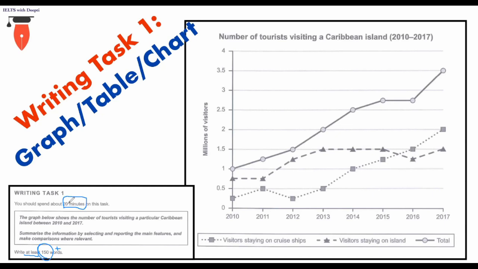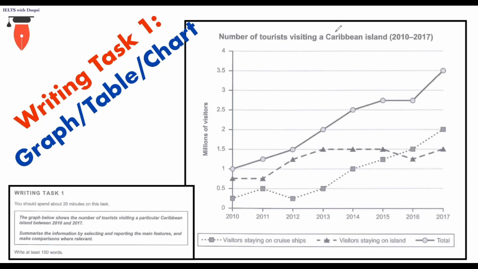So 1 hour you get for the writing section, 20 minutes you spend on task 1, and the remaining 40 you should spend on task 2. Now you need to understand that you should not spend the entire 20 minutes writing this task. You should spare some time for planning and some time for proofreading.